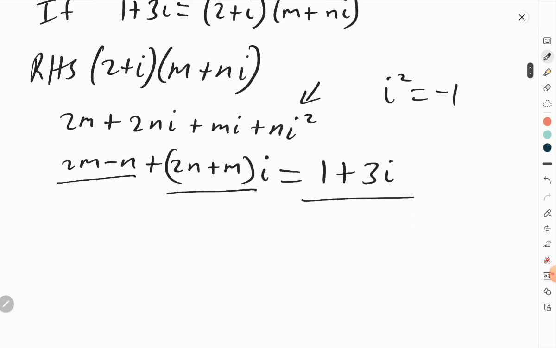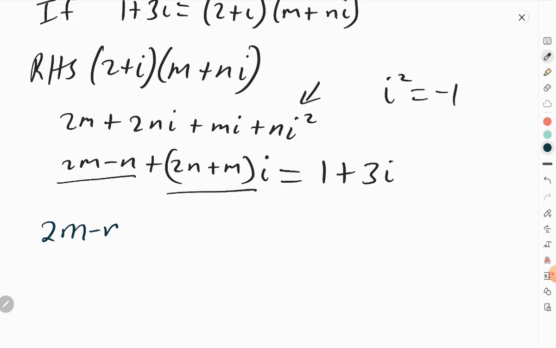So in this case, this is going to be equal to 1 because these are real. How do you notice that they are real? Because they are not multiplied by i. And that 3, they are the imaginary parts, so we are going to equate them correspondingly.